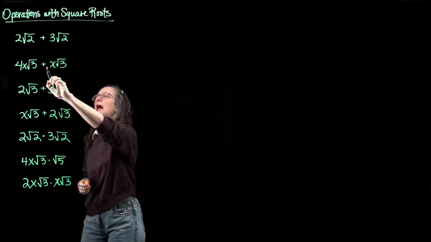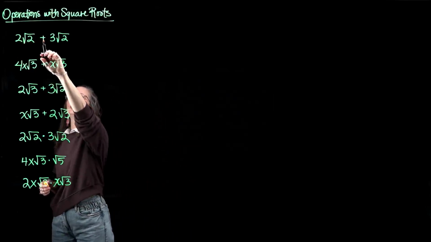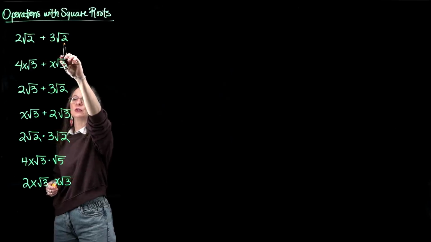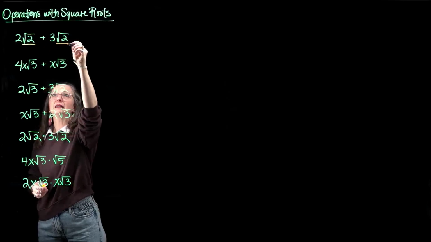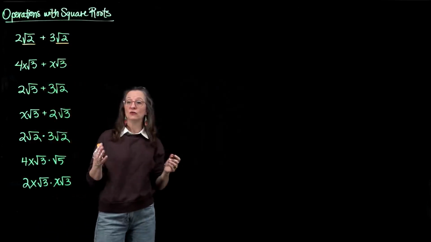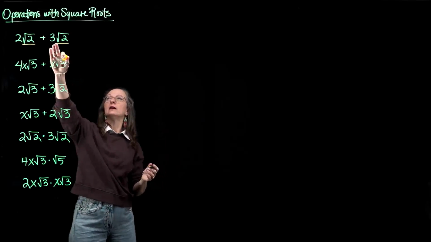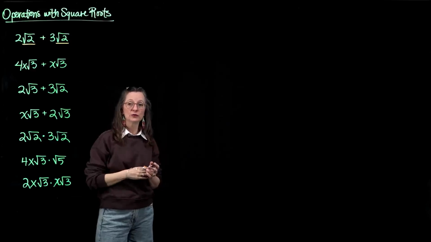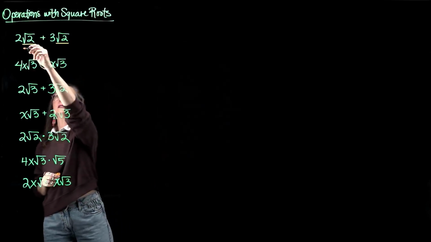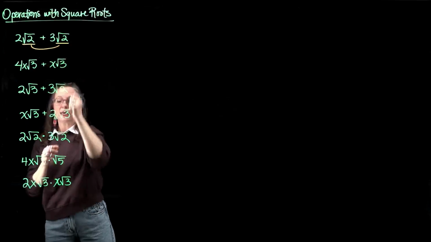So here I have 2 square root of 2 plus 3 square root of 2, and we notice that they have exactly the same square root involved, and we have just numbers, no variables. So these square root of 2 are the same.